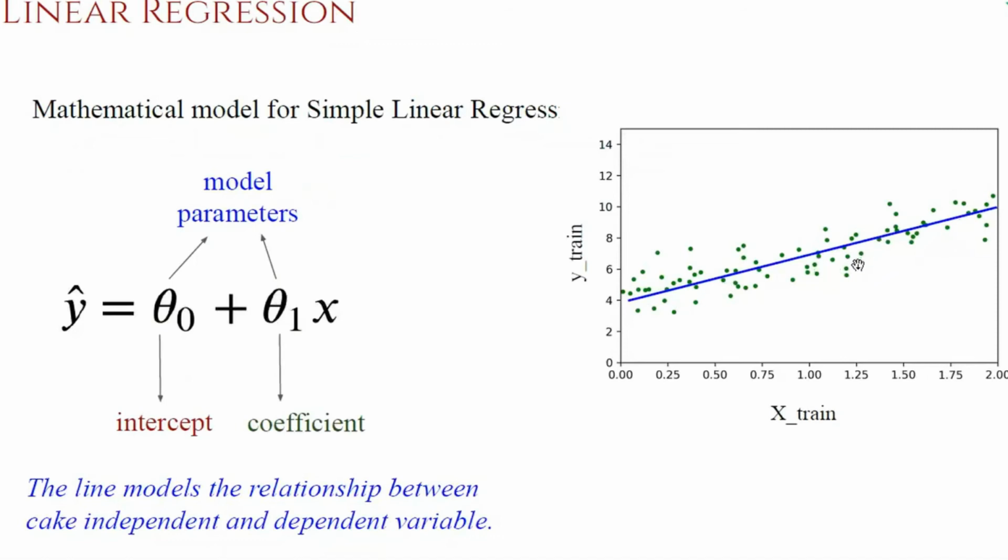So how do we actually solve or even train a model using the libraries that are available? Now we are going to look at how we can solve for these model parameters using the scikit-learn library.